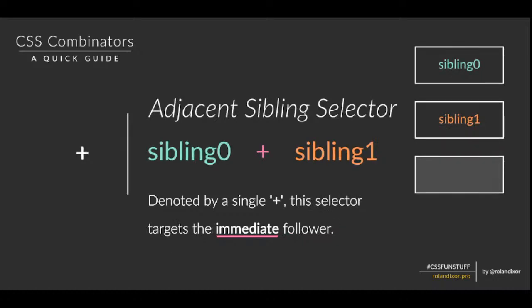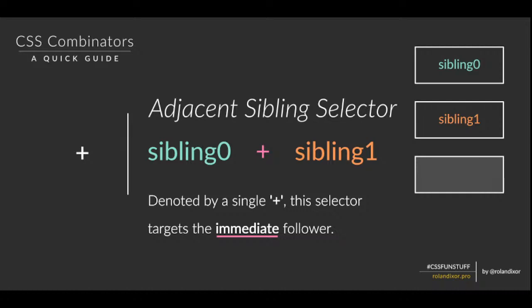And then you have the adjacent sibling selector, which is a plus sign, and this will apply to any element that matches that selector, that is right next to the first sibling in the combinator.